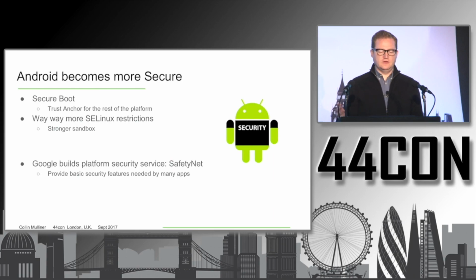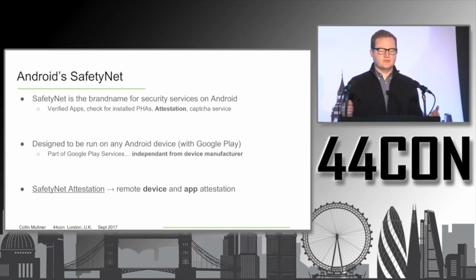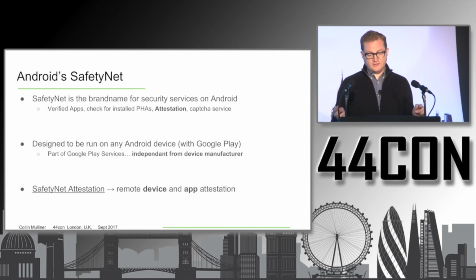And then in addition, Google started building SafetyNet. SafetyNet is really just a brand name for their platform security services, and they have a bunch of them. They have verified apps, then check if they have potential harmful applications, which is basically, hey, is this a malicious app? Then you have this attestation service, which this talk is going to be about, and you now have a CAPTCHA service also.